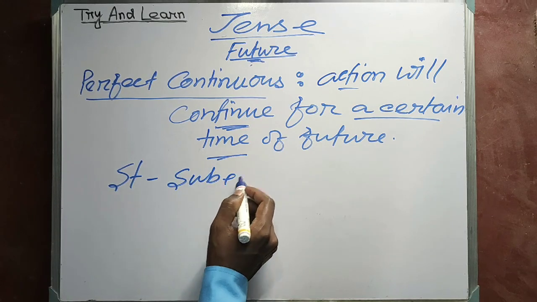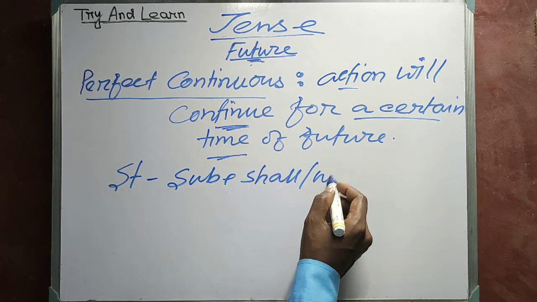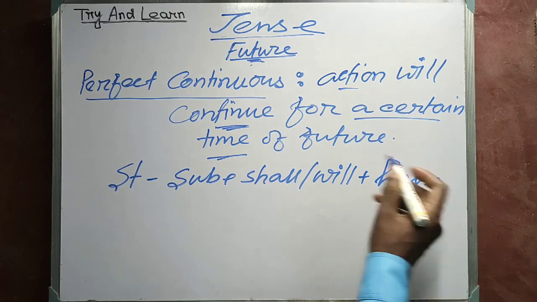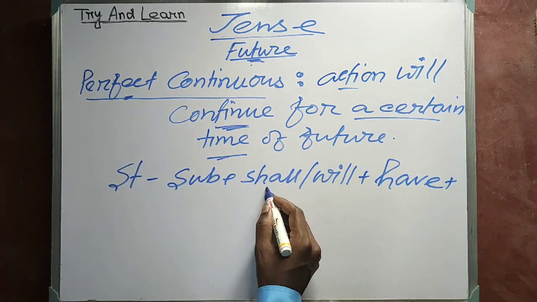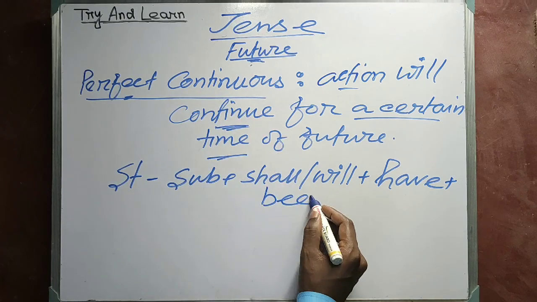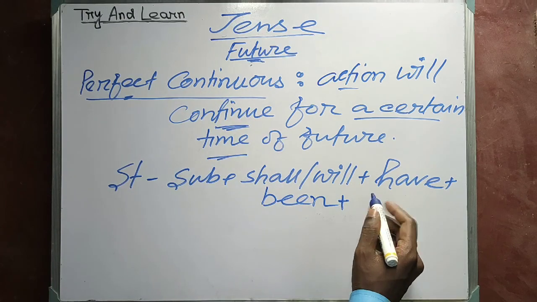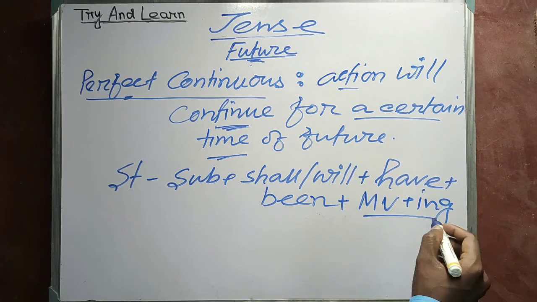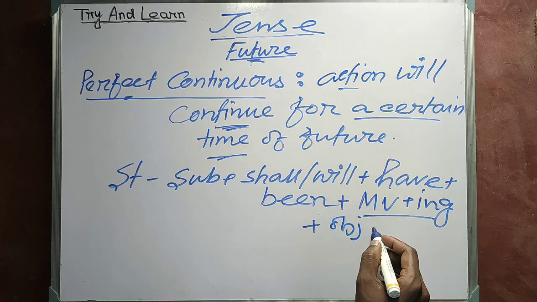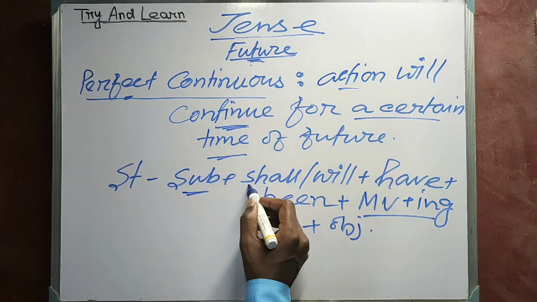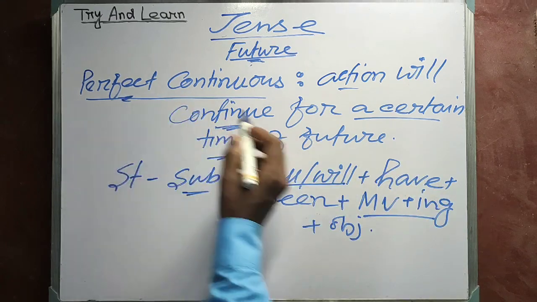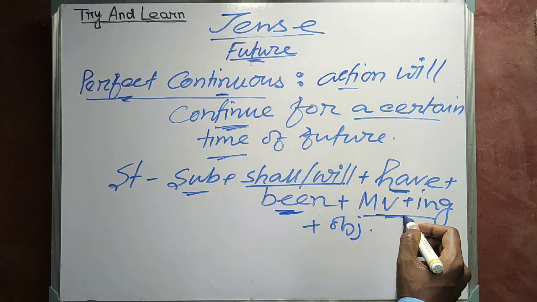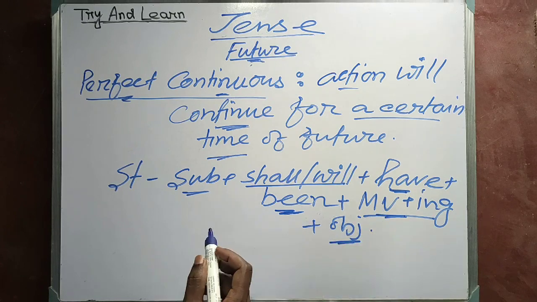Structure: first subject plus shall or will, plus have, as it is perfect, V3 of be, continuous, been, plus the continuous main verb plus ing form, plus object or complement. Subject shall or will as future tense, perfect tense have, continuous, have been, and continuous ing, then object or remaining.